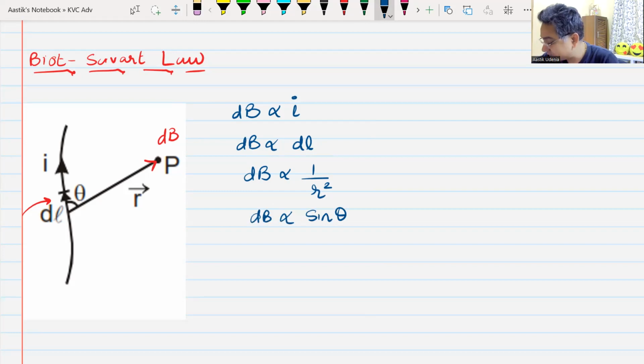Angle between what? Current carrying element and that direction. Distance. R bar. So it depends on the current carrying element dl and r vector, the angle between the current carrying element and r vector, theta.